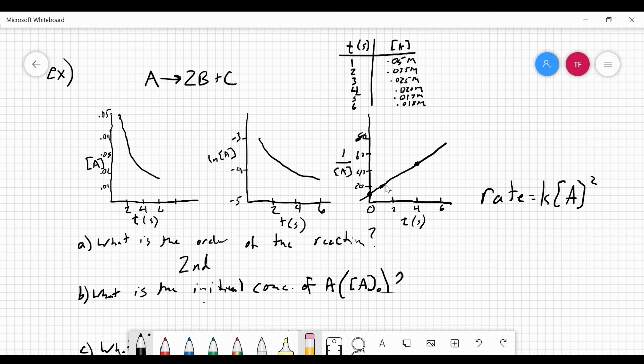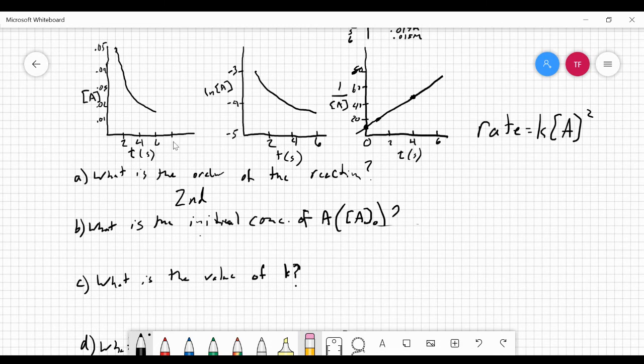So just looking at the graph, extending our graph back to time 0, we get 10. Now, we got to be careful with this, because that 10 means the inverse of the concentration. So the inverse of the concentration of A at time 0 is equal to 10 inverse molar.